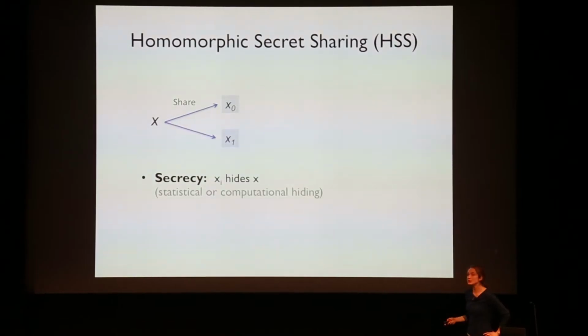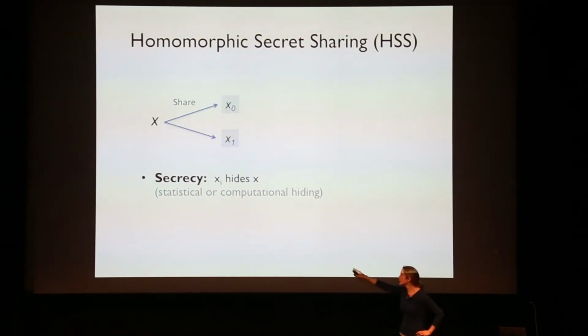So the topic of today is going to be an extended version of this, a homomorphic secret sharing scheme. Here we think of a similar setting. I have some element X that I want to split into two different parts with a similar sort of secrecy guarantee. As a side note, we're going to consider two possible types of secrecy.